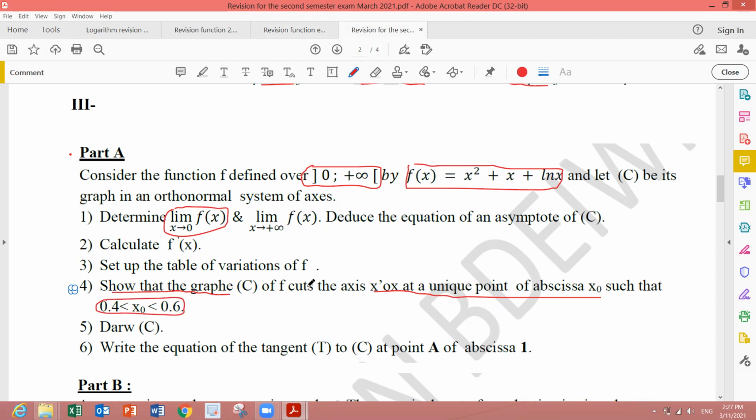How to prove that C cuts the x-axis at one point of abscissa x0? F is continuous and strictly increasing from 0.4 to 0.6. We calculate f of 0.4 and f of 0.6. Good, one of them is greater.